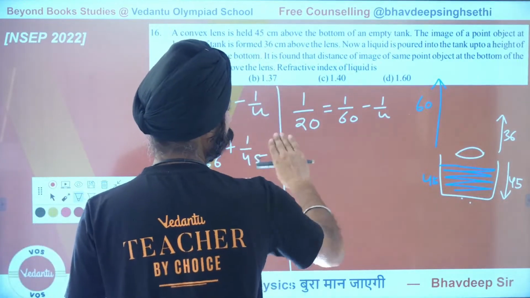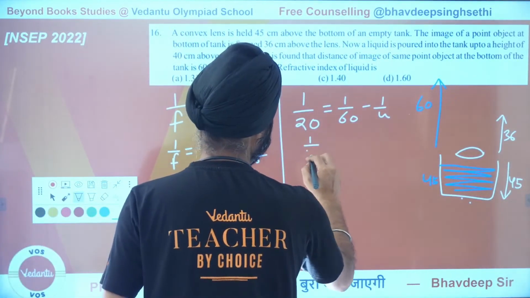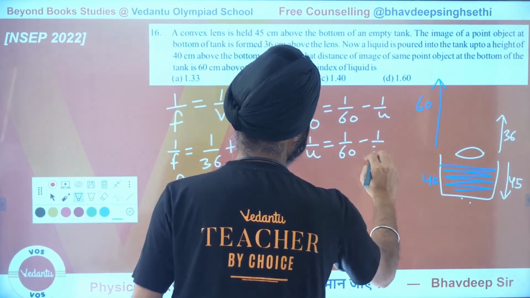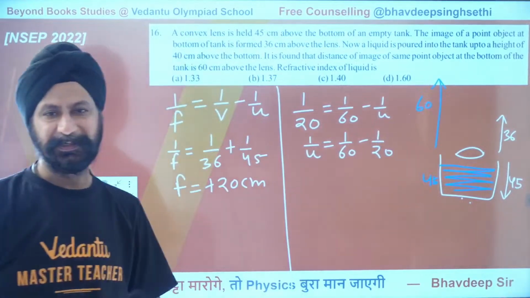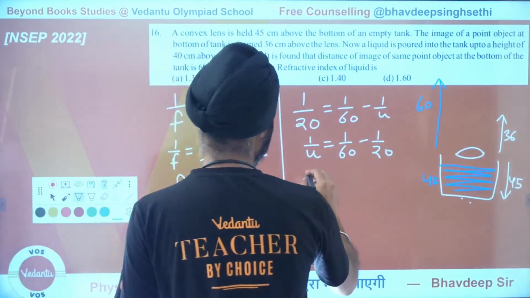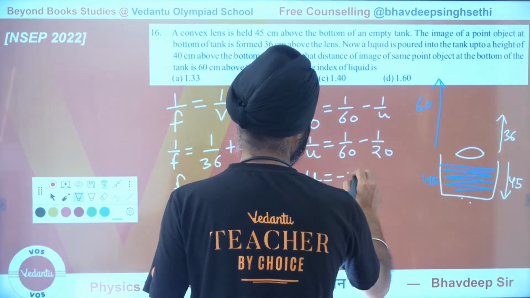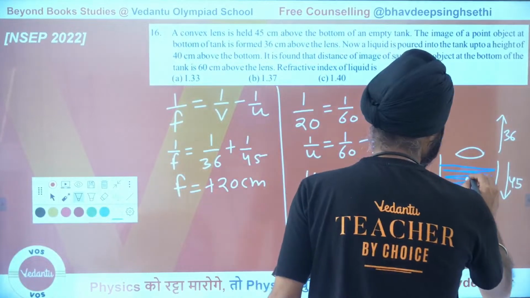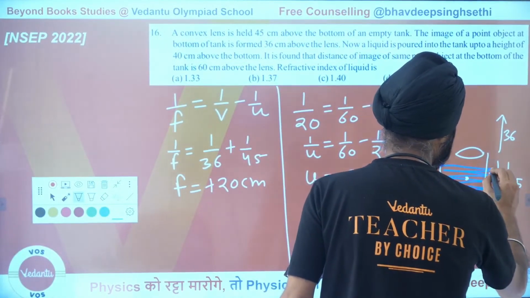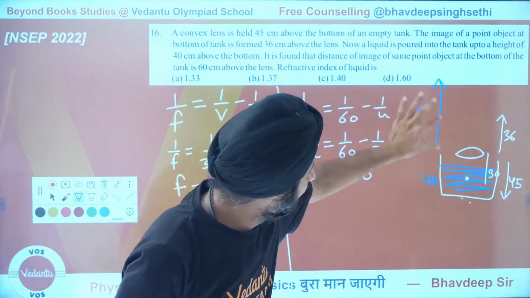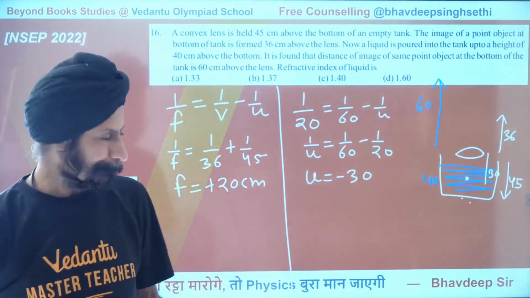So 1 by u is equal to 1 by 60 minus 1 by 20. LCM is 60. This is 1 minus 3, so minus 2 by 60, which is minus 1 by 30. So u is coming out to be negative 30. So it looks like the lens can see the object at 30 centimeters distance, because when the object is at 30 centimeters, the image is at 60.